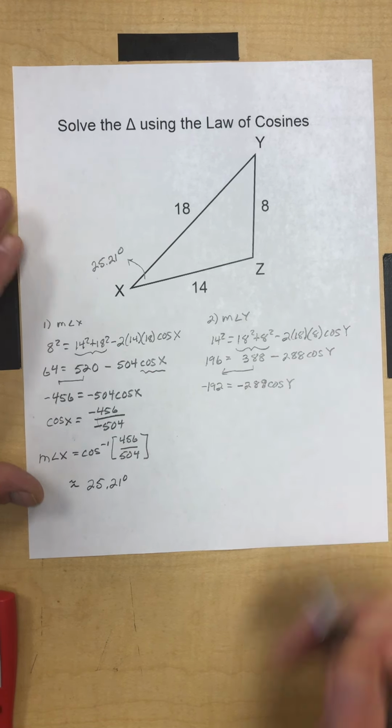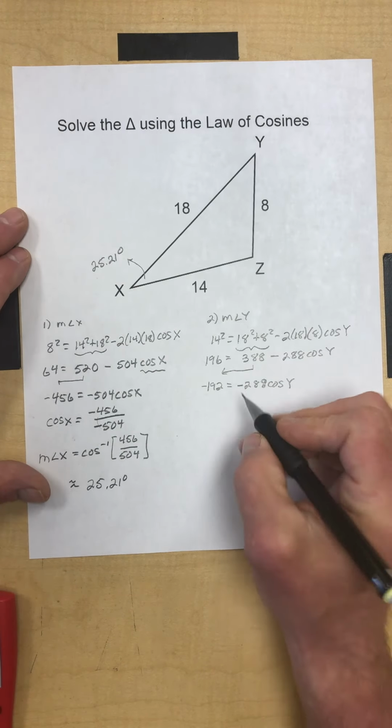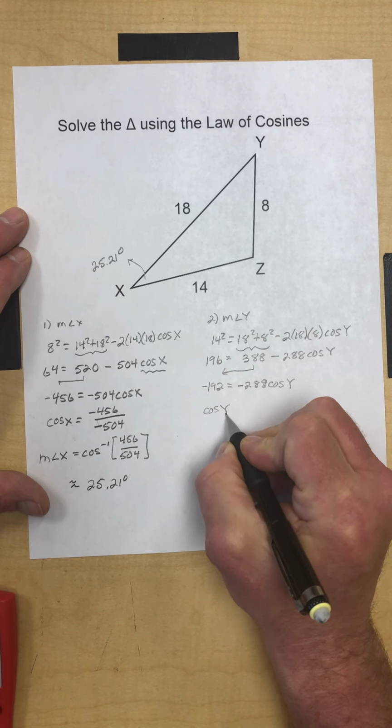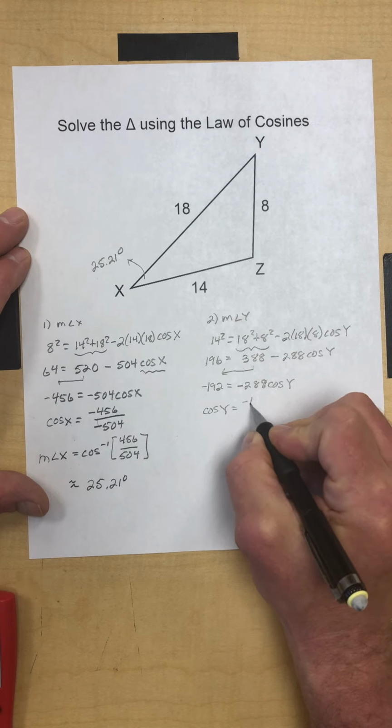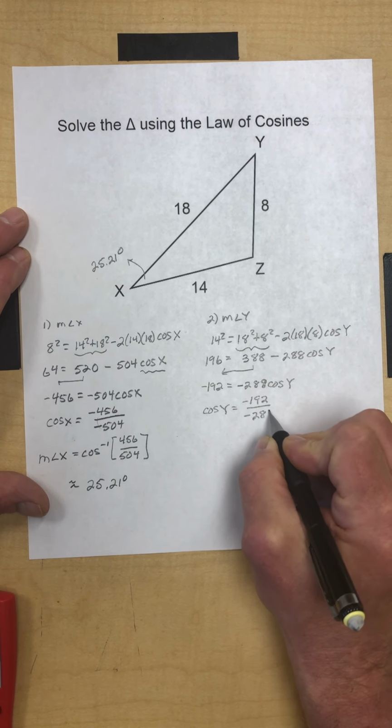Cosine of angle Y. So I'm going to have to divide both sides by negative 288. And don't forget about those negative signs. So we're going to get the cosine of angle Y is negative 192 divided by negative 288.